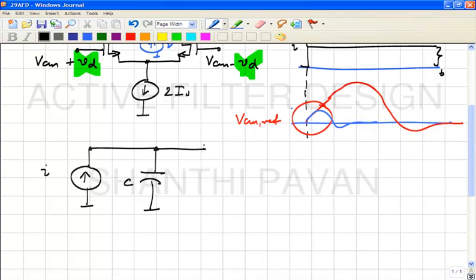And at t equal to infinity, what is the voltage across the current source? Incrementally the voltage must be 0, so basically an inductor and capacitor in parallel. Does that make sense? Okay.